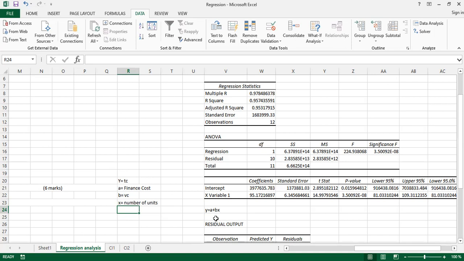This one is the total cost, the Y. Here, this is our B, and our A is here. And I say the standard error is like the standard deviation, but for these variables, not for the whole statistics, isn't it?